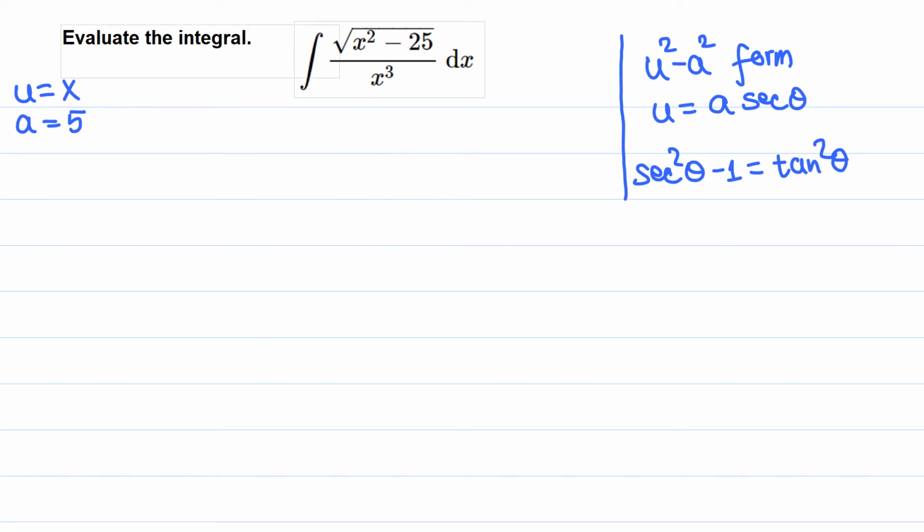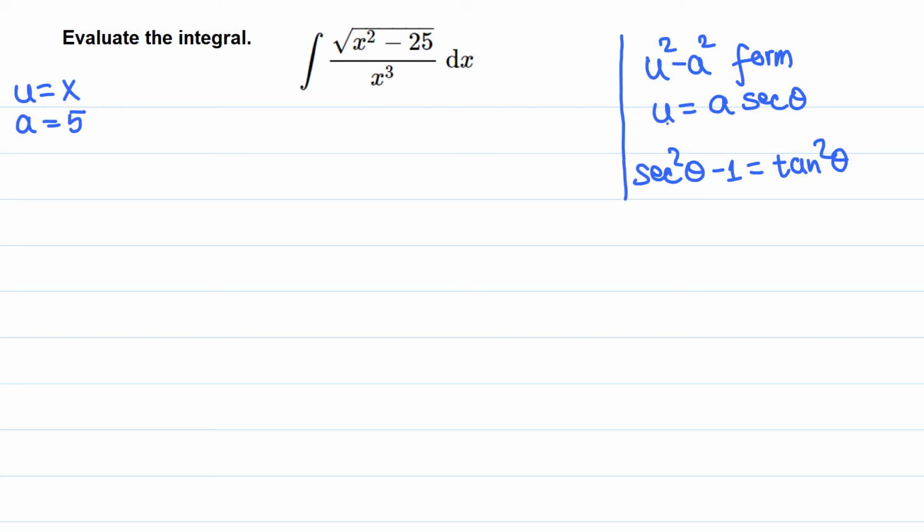It's much more complicated. But luckily, this is a square root of something squared minus u squared form. When we have under a radical sign or some power an inside function of the form u squared minus a squared, where u in this case is x and a is a number, then we can integrate using trig substitution.